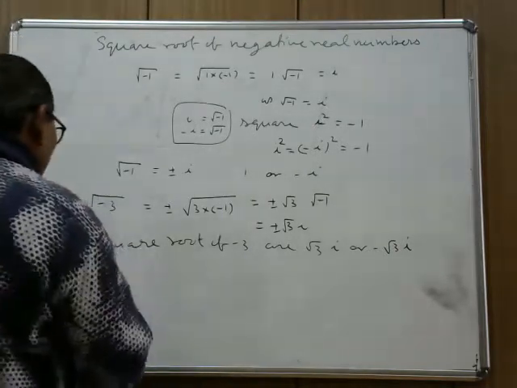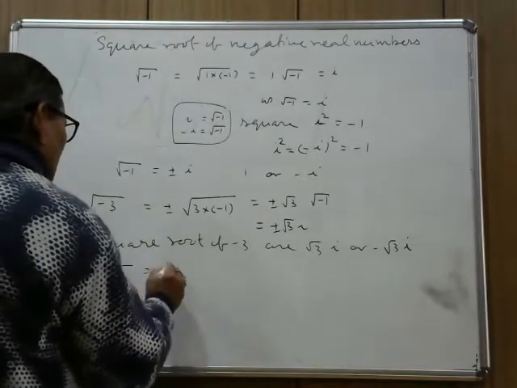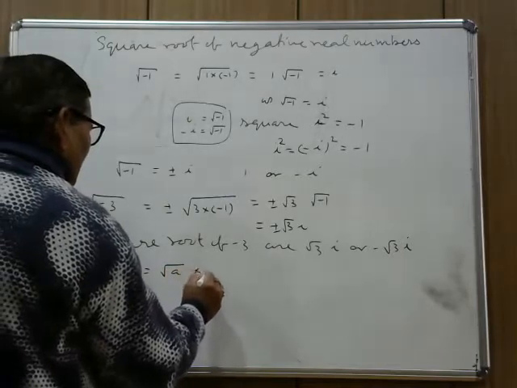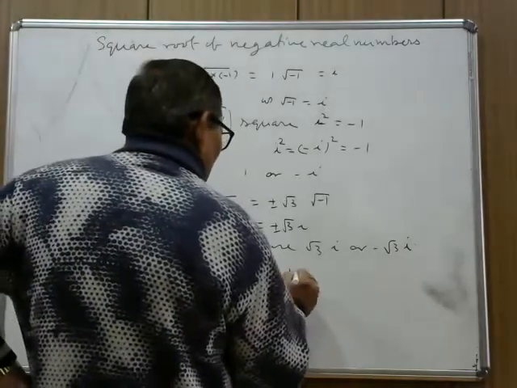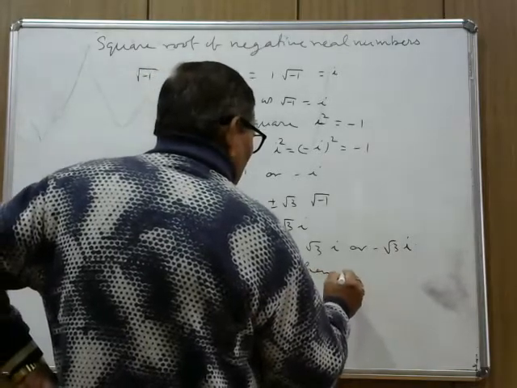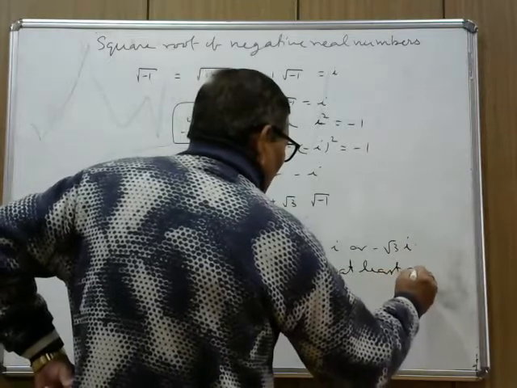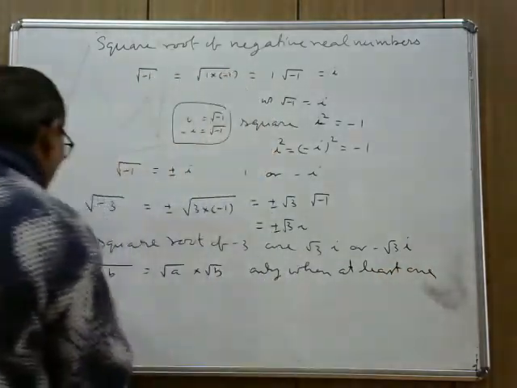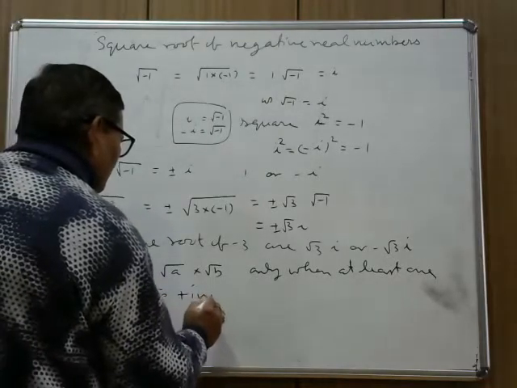Now you can observe this thing. In general, under root AB is equal to under root A multiplied by under root B only when at least one of A or B is positive.